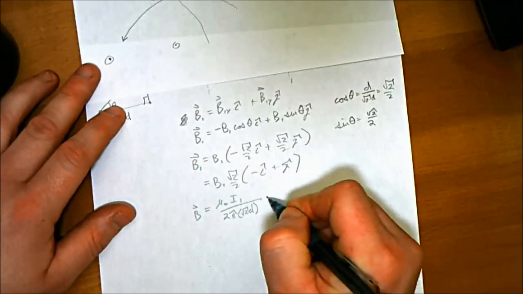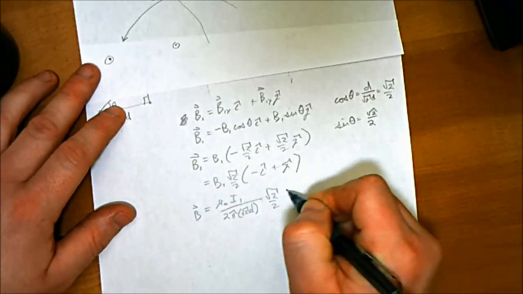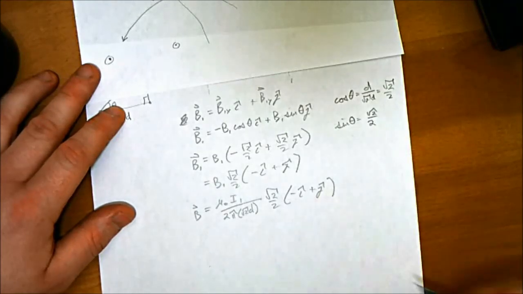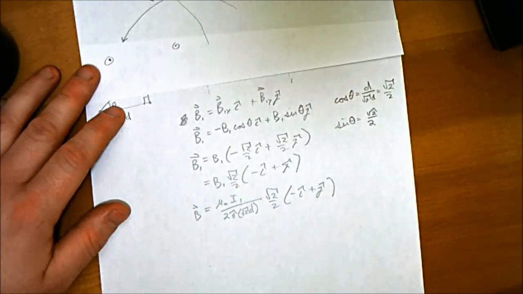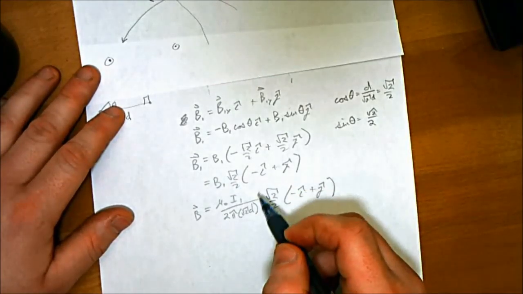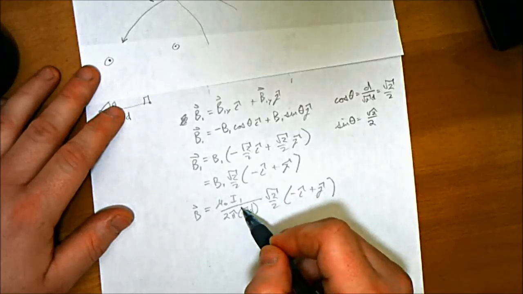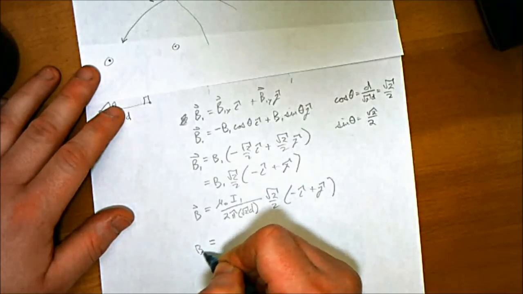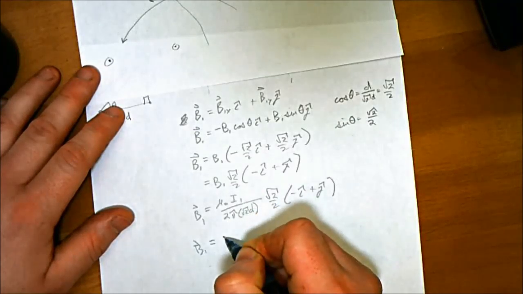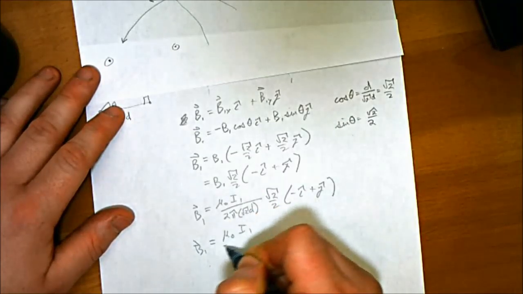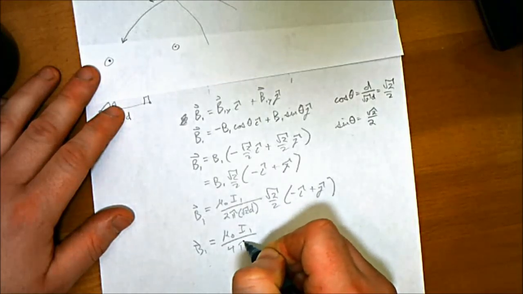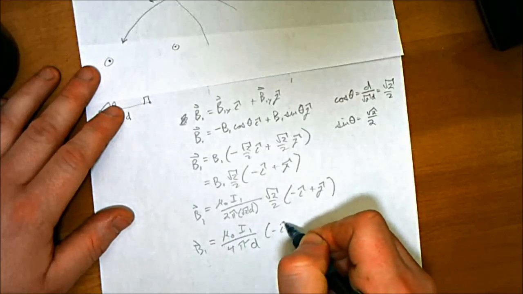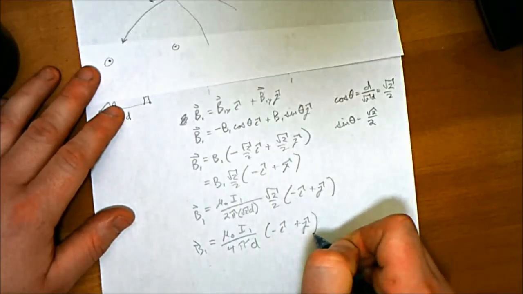And then, of course, we have to include our square root of 2 over 2 and negative i hat plus j hat. Okay, I can simplify this quite a bit, I think. The square root of 2 cancels out, you end up with 4, so B1 equals mu naught I1 over 4 pi d times negative i hat plus j hat.